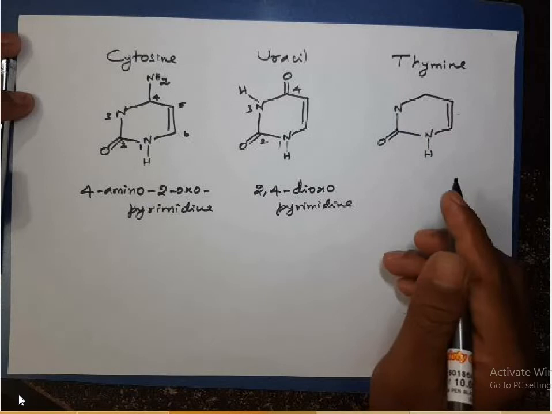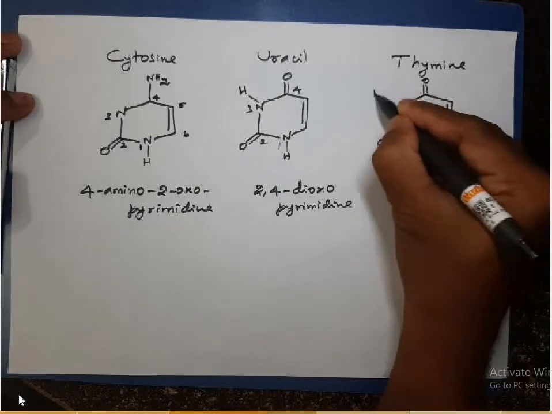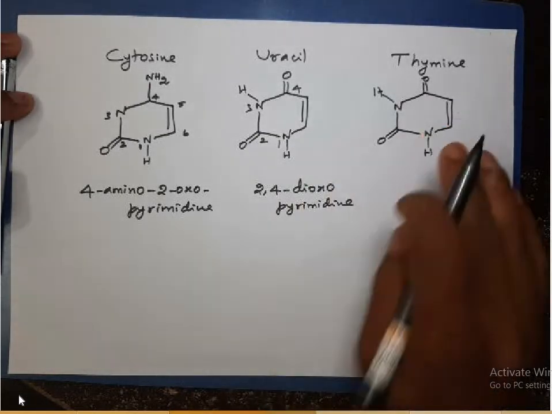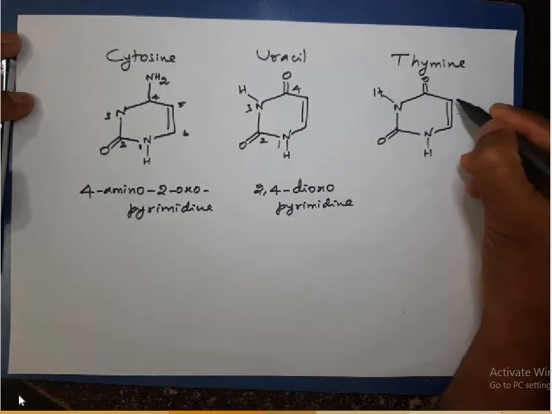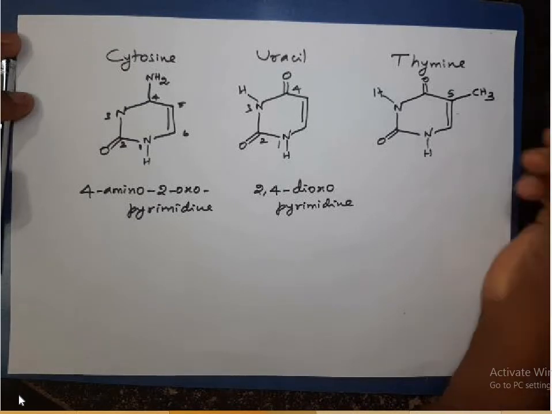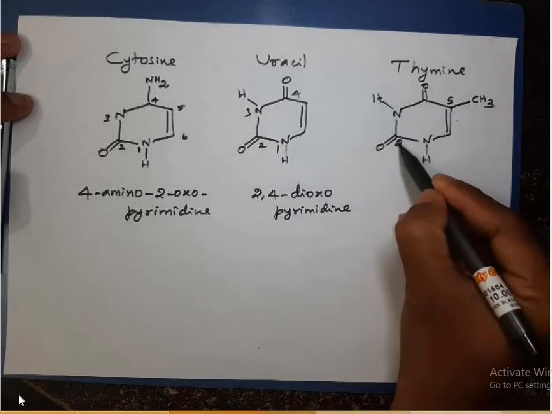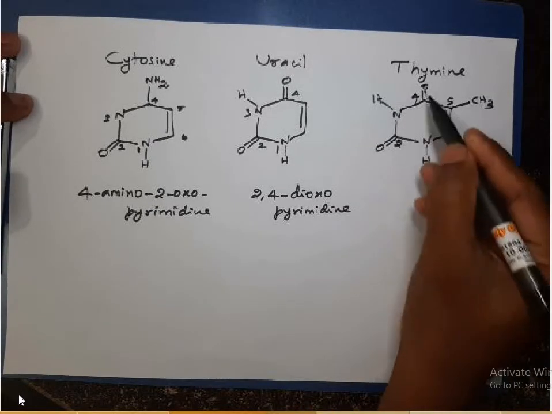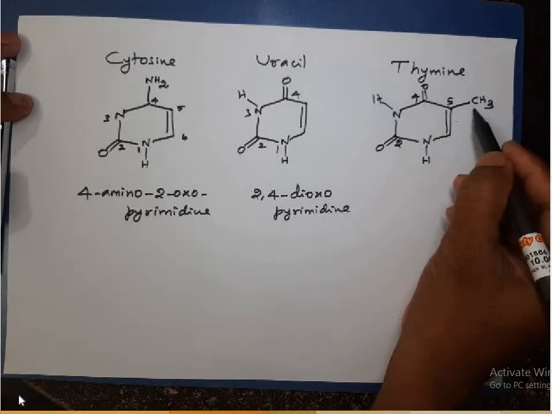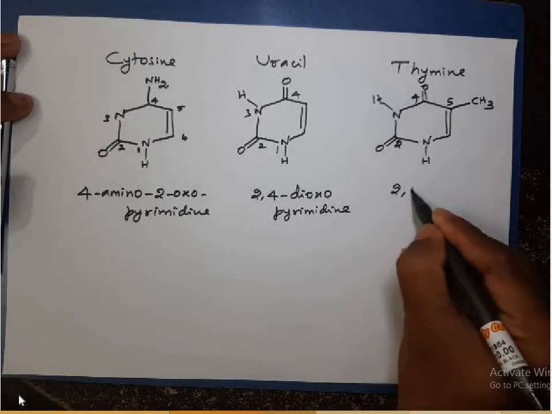And what about thymine? The basic structure of thymine looks exactly like uracil, and in fifth position, this is fifth carbon, we should put a methyl group here, CH3. So what's the name? The name is 2,4 dioxo 5-methyl pyrimidine.